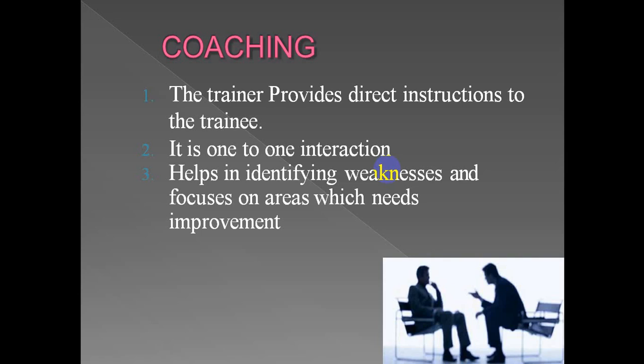Second, it is a one-to-one interaction. And third, the trainee can clear his doubts, and the trainer can identify their weakness and strength and focus on the weak areas which need to be improved.